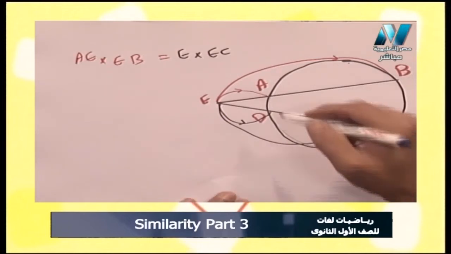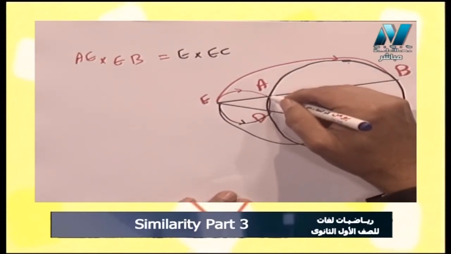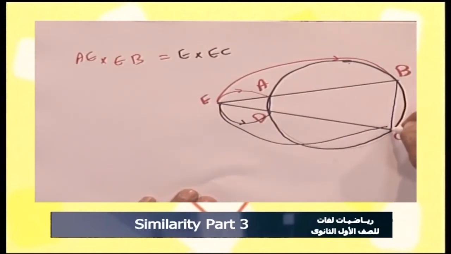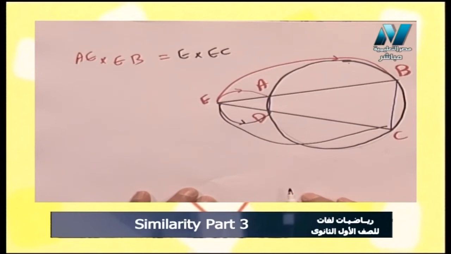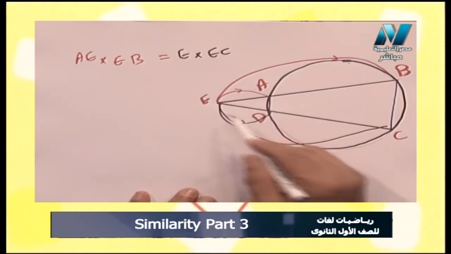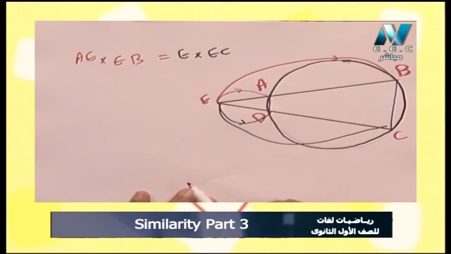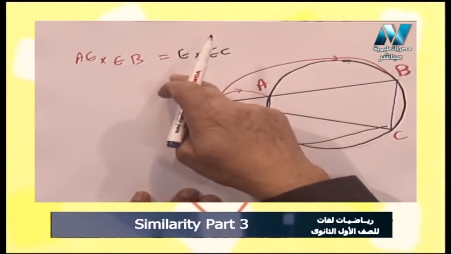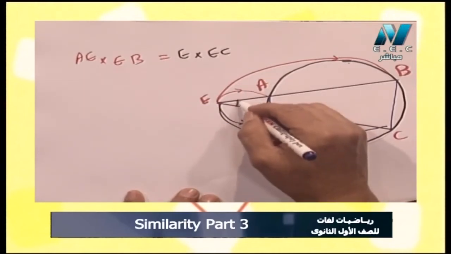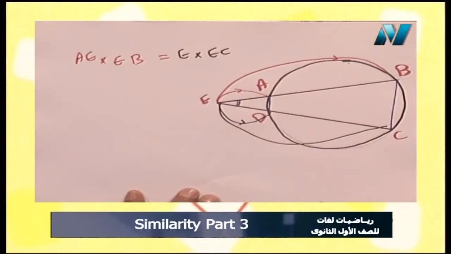if we join AD and BC here and try to prove that this small triangle, which is AED, is similar to the triangle BEC, we will deduce this relation. Now we have this angle as a common angle between the two triangles.